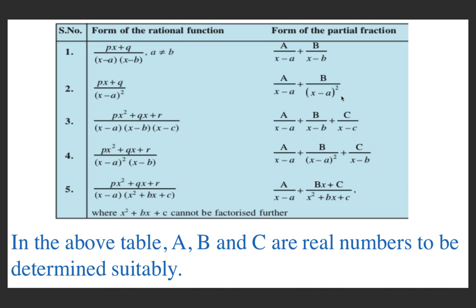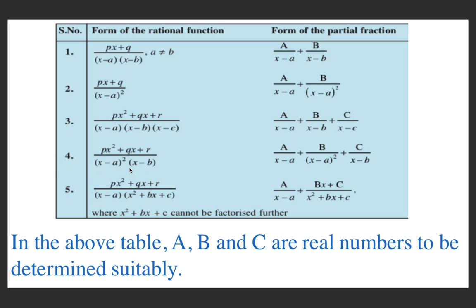If we have the power 3 here, then we will add one more term, C upon (x - a) whole cube, and so on. And for the other factor x - b, we will write C upon x - b. So if a factor is repeating, we first write the first power, then the power 2, and keep increasing the power according to the function.